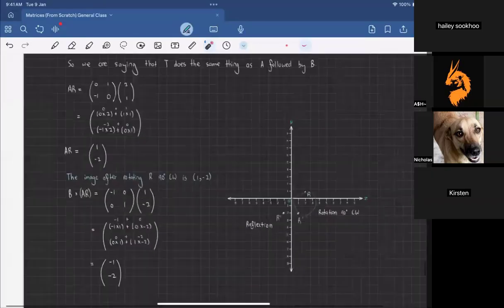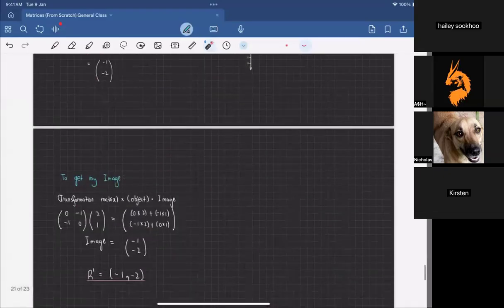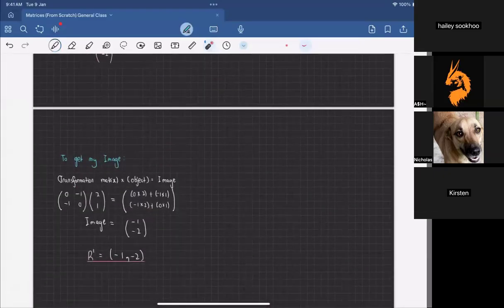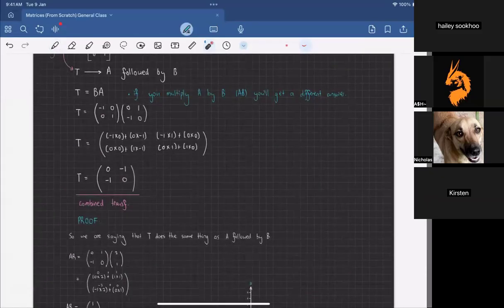But Kiara, rather than us multiplying it by this first and then this, what we're saying is we could just multiply it by the transformation matrix that we found, the combined one. So earlier, I said to combine the two, you multiply the second one by the first one, and we got 0 minus 1 minus 1, 0. So Kira, take a guess.